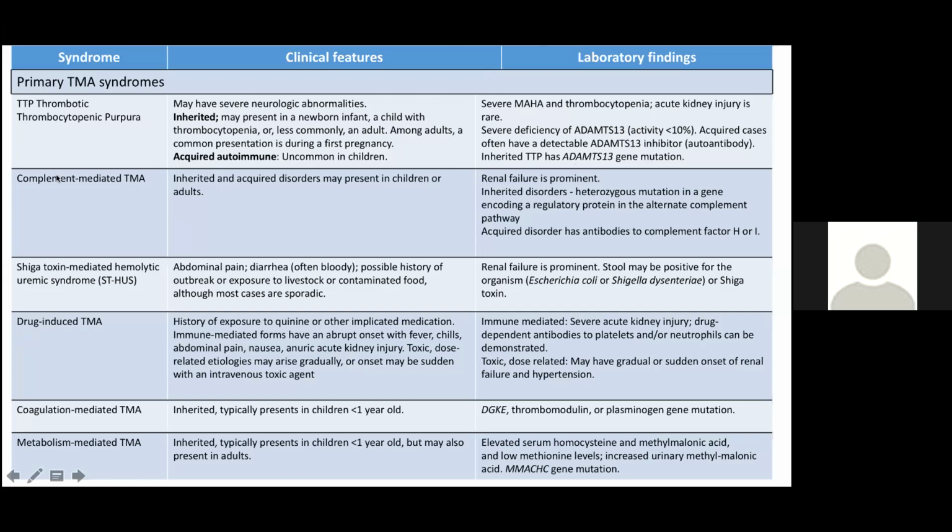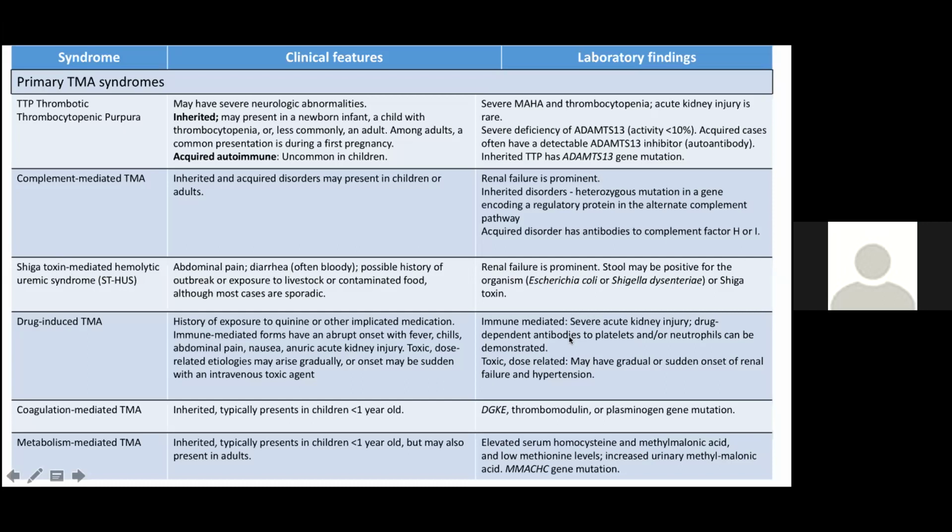And then the next one is complement-mediated thrombotic microangiopathy. Again, it can be inherited or acquired. It can present in children or adults. In this type, renal failure is prominent. Most of the time in our setting, we have to diagnose certain diseases by exclusion. You can diagnose HUS when there is associated diarrhea. It is a type of TMA which can have renal failure.